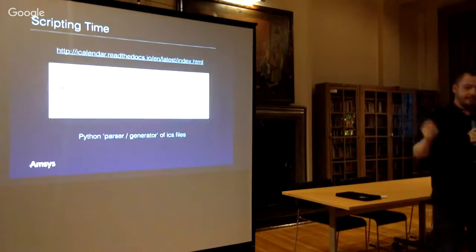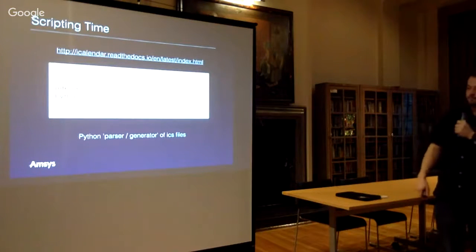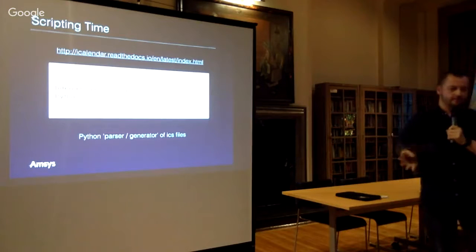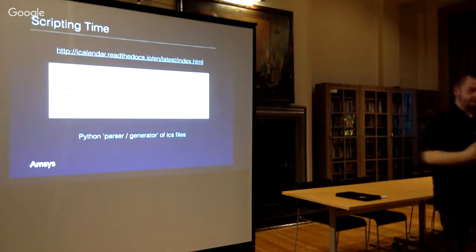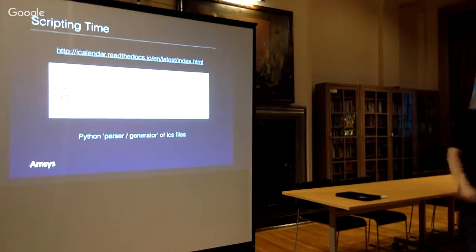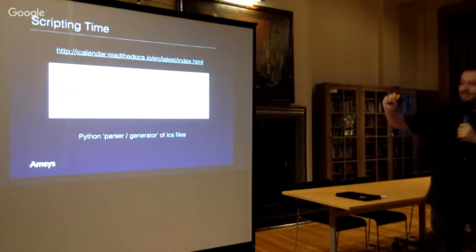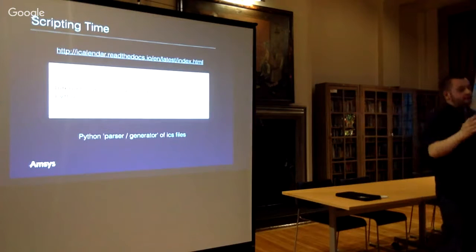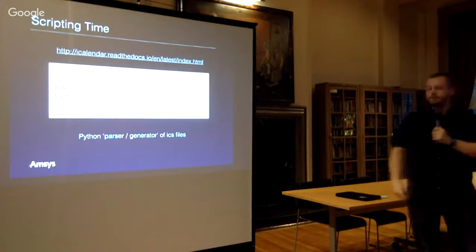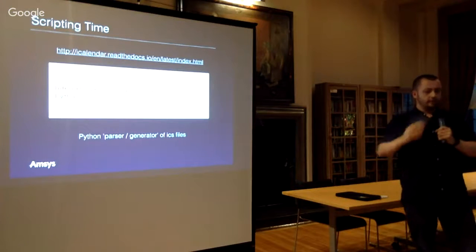Using that parser and generator library, whatever the correct terminology is, I do apologize, I'm still learning Python, it lets you manipulate those calendar files correctly, working with those VEVENT tags a lot better.